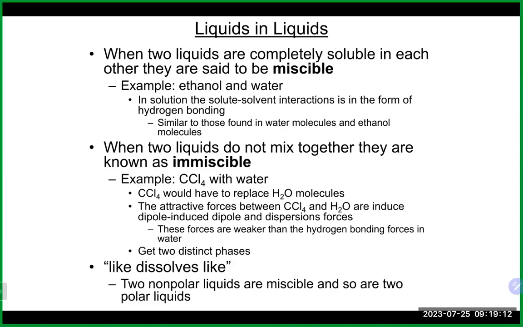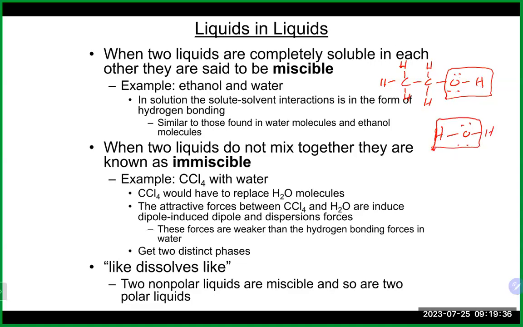That is because ethanol, which is an organic molecule, looks something like this. And water looks something like this. What we see in both of these is what we were just talking about: a hydrogen attached directly to an oxygen.